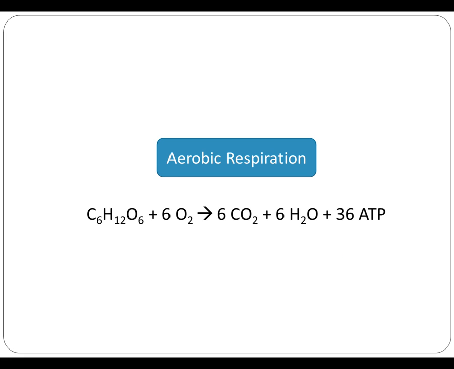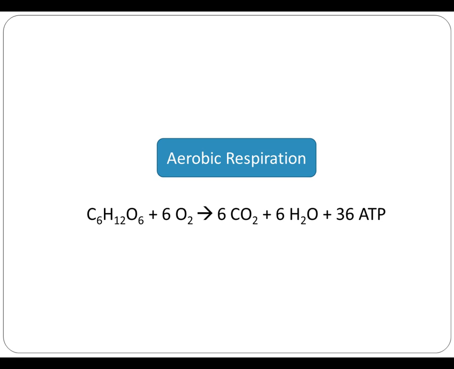This formula should look familiar, like the reverse of photosynthesis. If it's the reverse of photosynthesis, we must be starting with the input of glucose and oxygen, and releasing carbon dioxide, water, and energy.